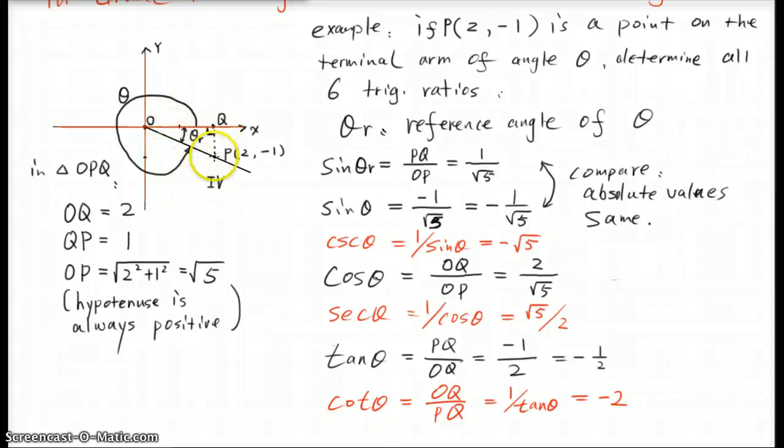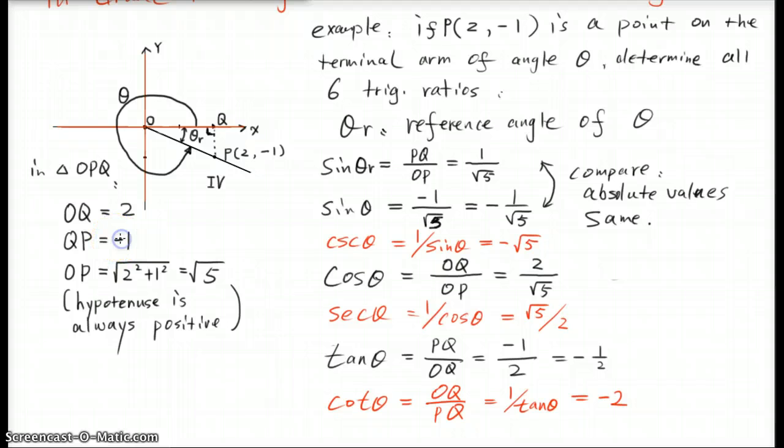But the difference is we have to take PQ or OQ as positive or negative depending on the situation. For example, PQ, which is actually the y coordinate of this point P, is negative, so I have to put a negative here.